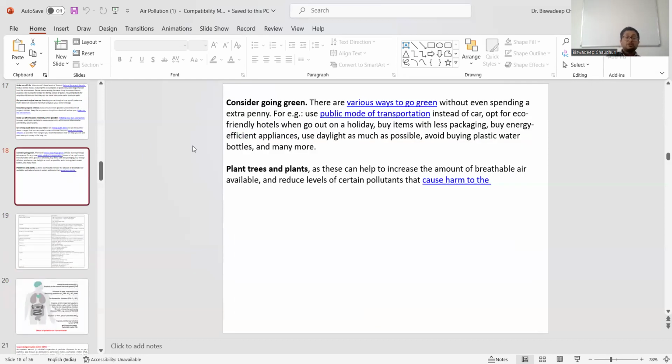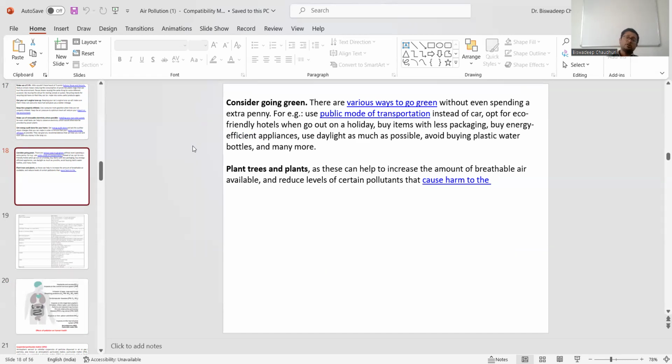Next slide is consider going green. What does it mean? It means there are various ways to go green without even spending extra money. For example, use public modes of transportation. Whenever you need to go from one place to another, do not use your personal car, because in your personal car you are traveling alone.